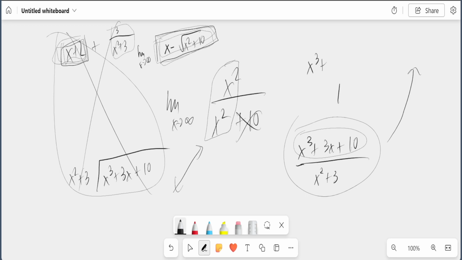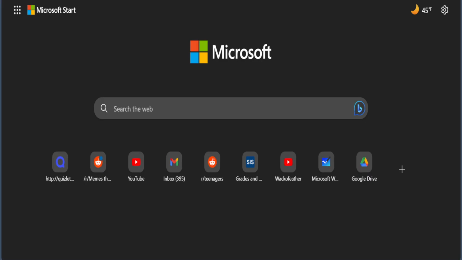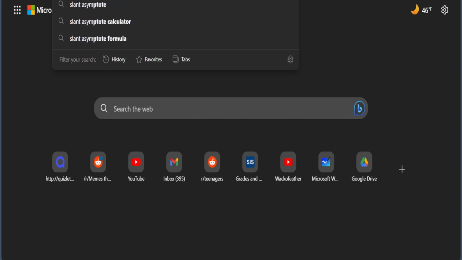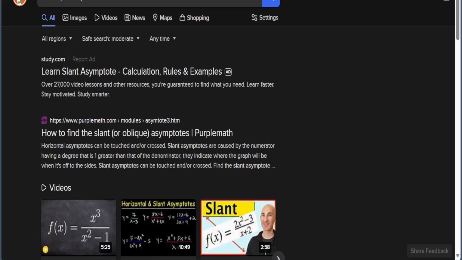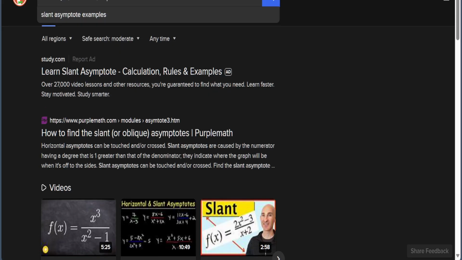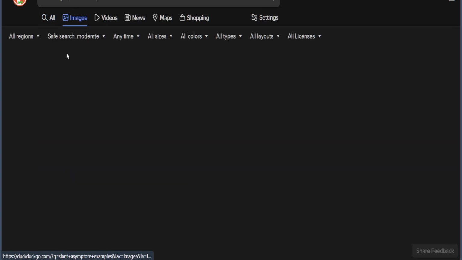Let me search up an example really quick. If we had to take the limit of that question, would it just be infinity? Yeah, this is just for graphing. Okay, let me find one.